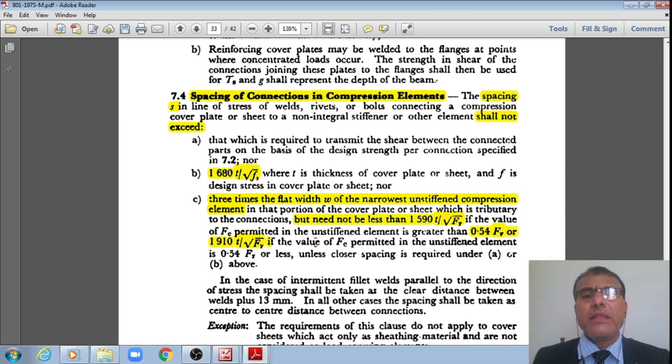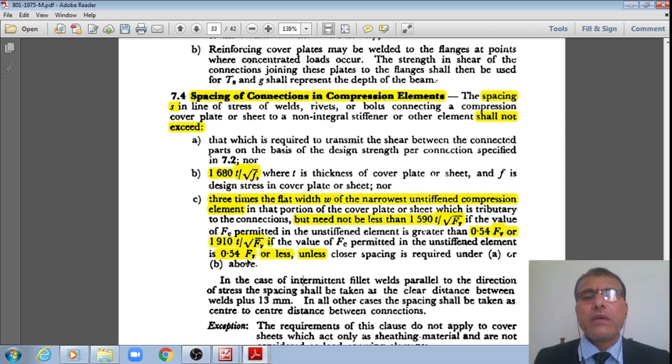Then if the value of Fc permitted in the unstiffened element is 0.54 Fy or less, 0.45 Fy or less, then closer spacing may be provided as required under this A or B may be provided.